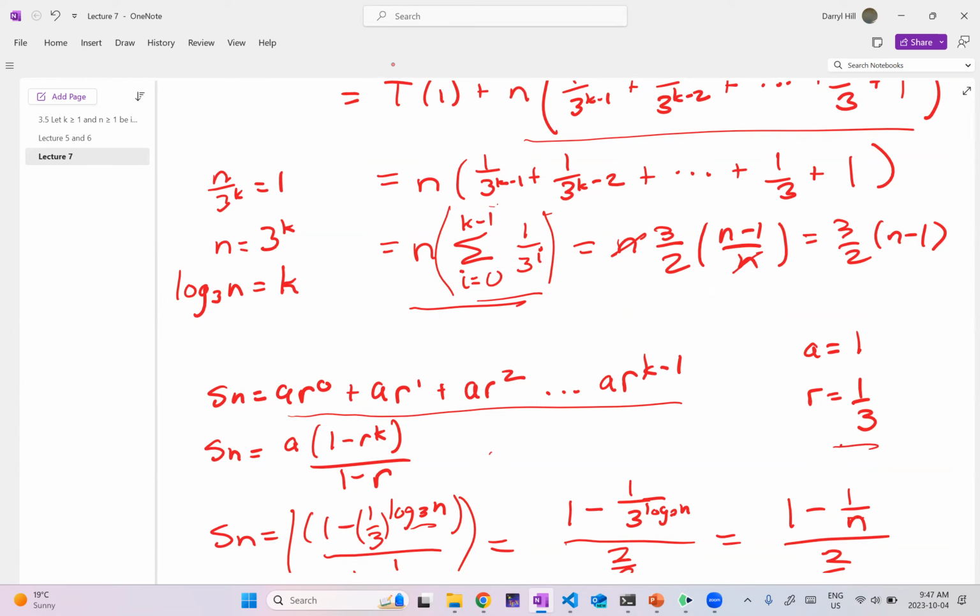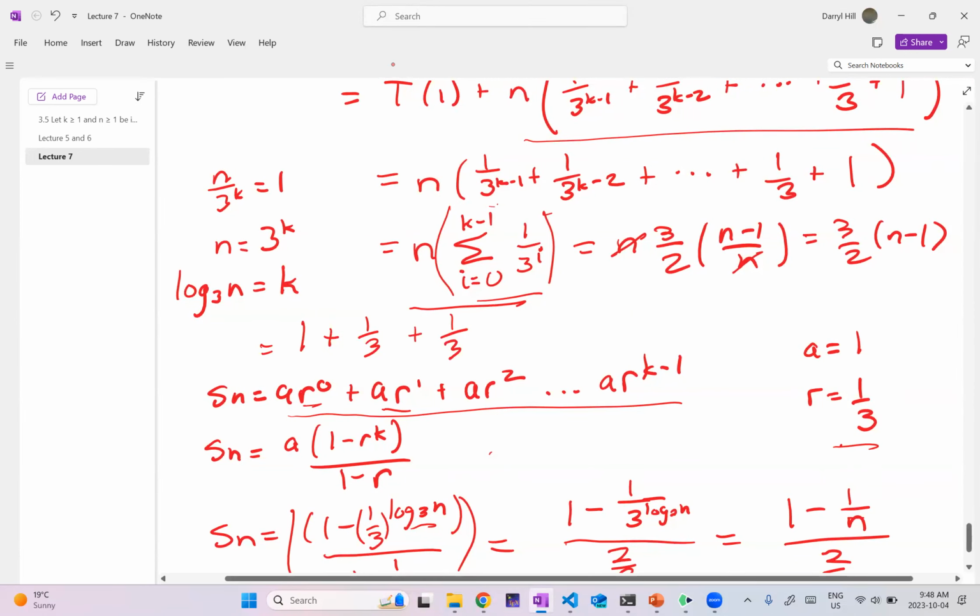And I have my common ratio, 1/3. So r to the 0 is 1/3 to the 0, which is 1. So this expands to 1 plus r to the 1, which is 1/3 times a, which is 1, plus r squared, 1/3 squared.